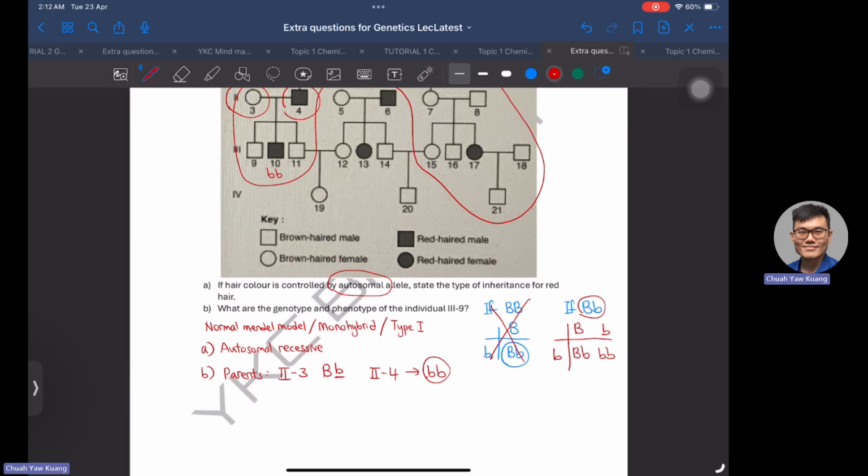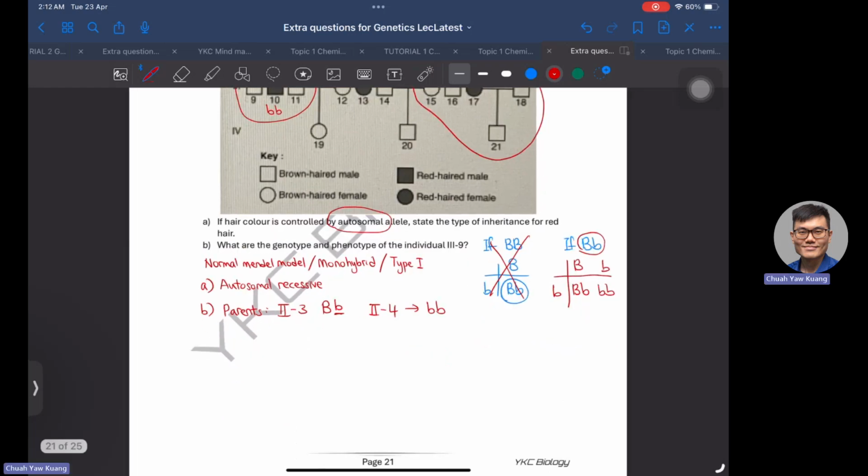Once we confirm the genotype for both of the parents, now we can list all the gametes and do the Punnett square. This first parent can produce two types of gamete.